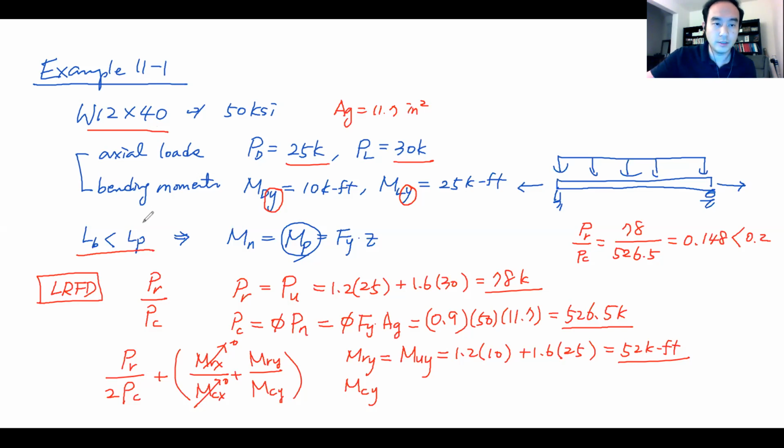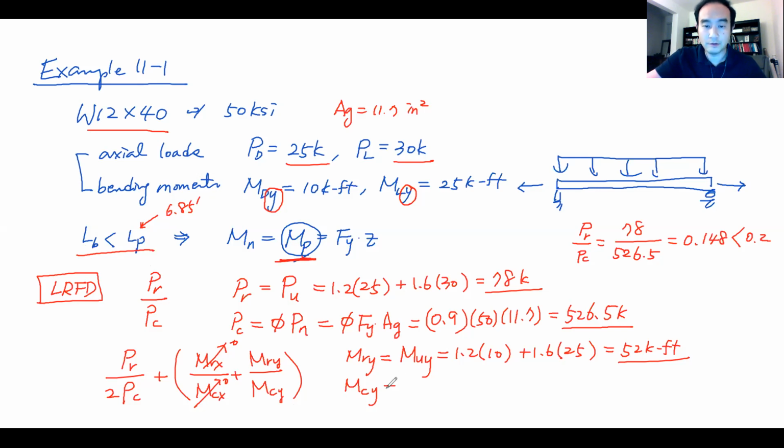So I said you don't need to worry about this, but 6.85 feet, that is the given LP for this section W12 by 40. So we do not know what is going to be the unsupported length, but what we know is that LB is going to be less than LP, which means we can maximize our moment capacity, which is the full plastic moment capacity, MP.